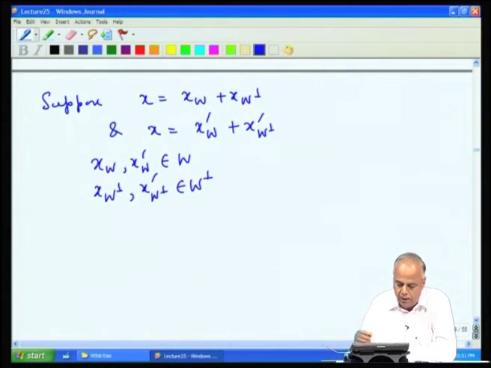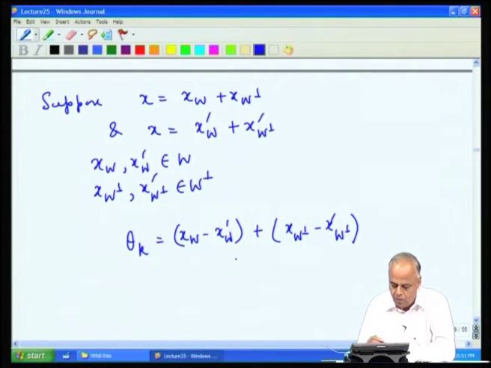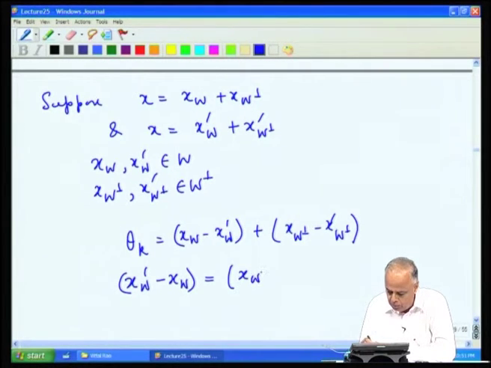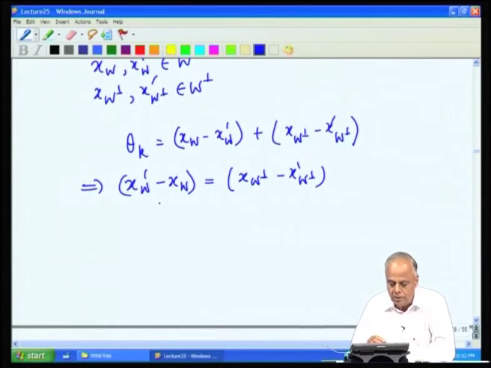Then subtracting, we get theta_k is equal to x_W minus x_W prime plus x_W perp minus x_W perp prime. Or if we take one of these terms to the other side, we get x_W prime minus x_W is equal to x_W perp minus x_W perp prime. Now, what this says is this vector and this vector are the same. Let us call this common vector z.